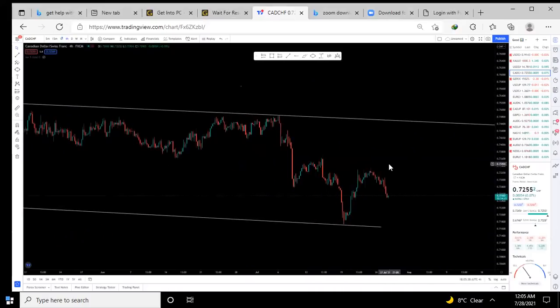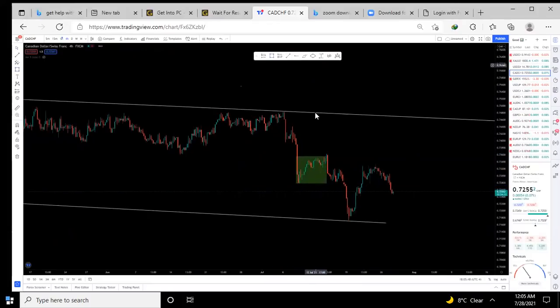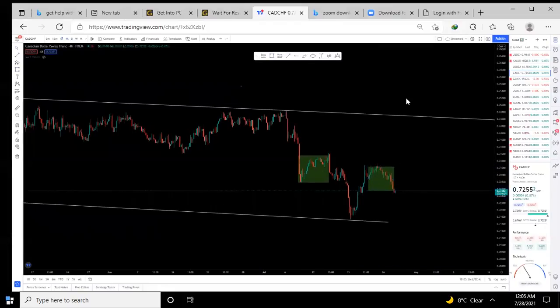So here, if you can check, guys, we have this thing here as a shoulder, and we had this thing here again as a shoulder. Then I come back again, and you can see we have the head.